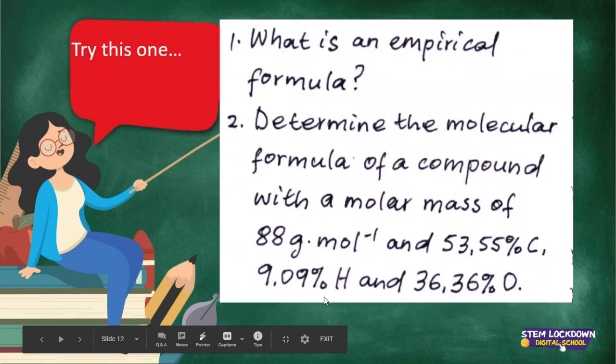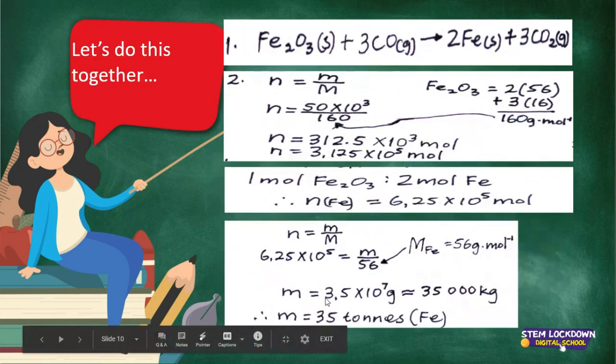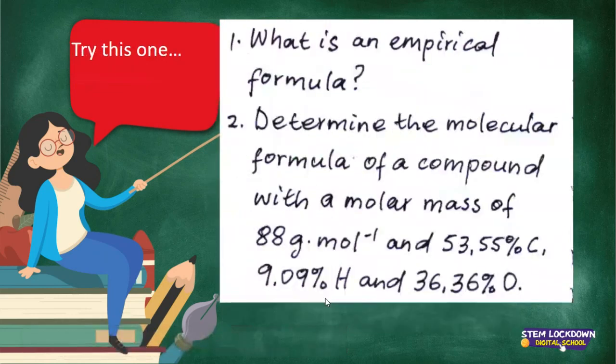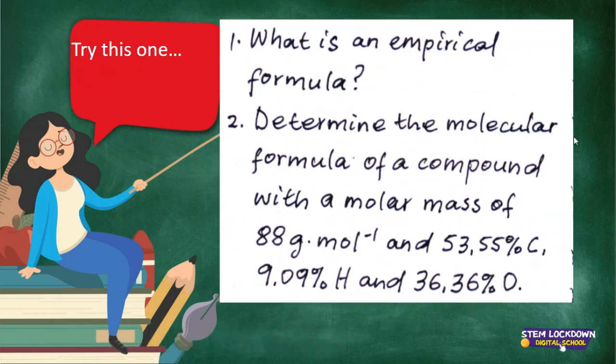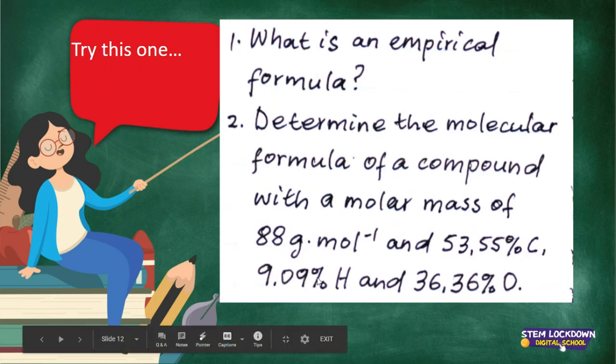Right. The next question was: what is an empirical formula, and determine the molecular formula of a compound with a molar mass of 88 grams per mole, and having this composition: 53.55% of carbon, 9.09% of hydrogen and 36.36% of oxygen.